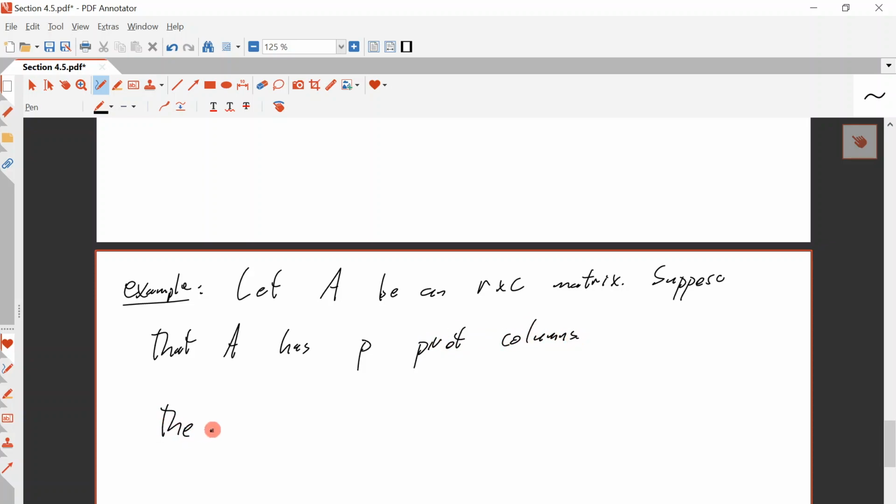The dimension of the null space of A is the number of non-pivot columns, the number of free variables.